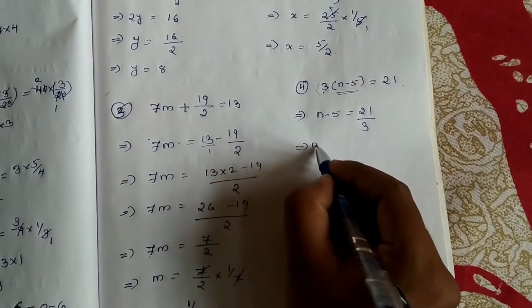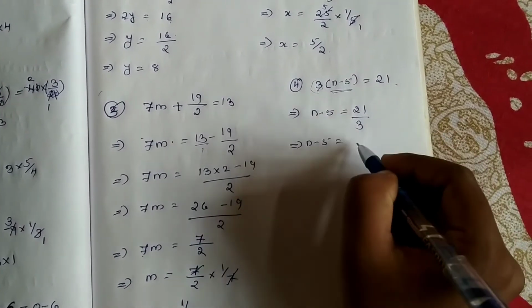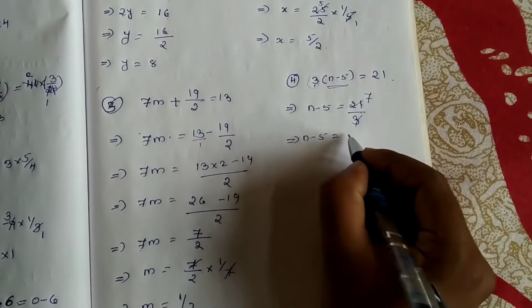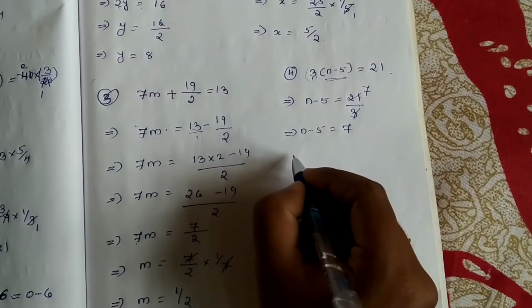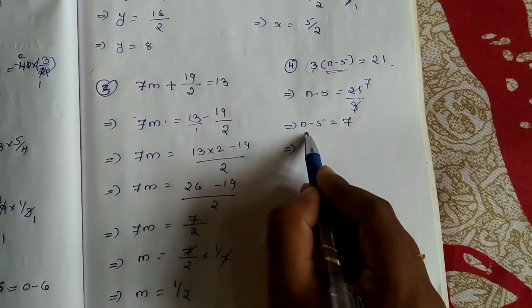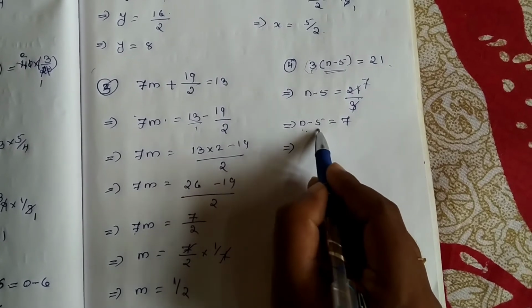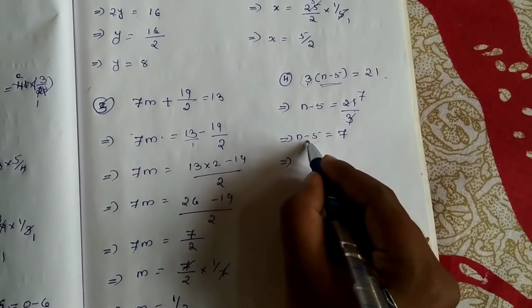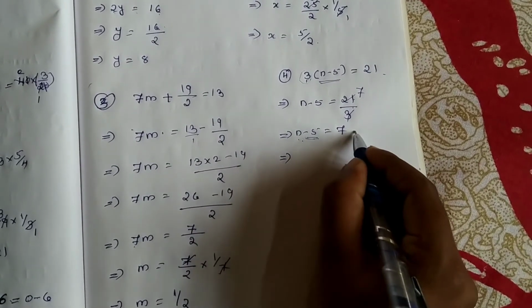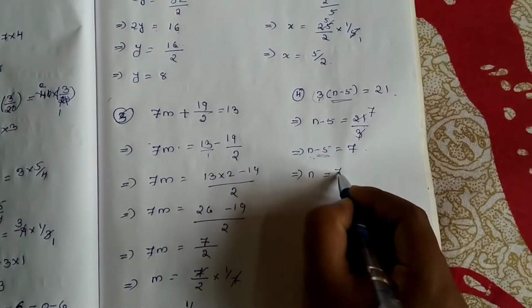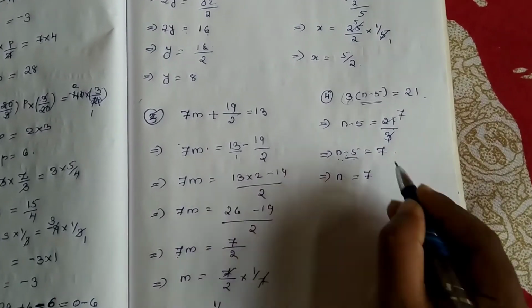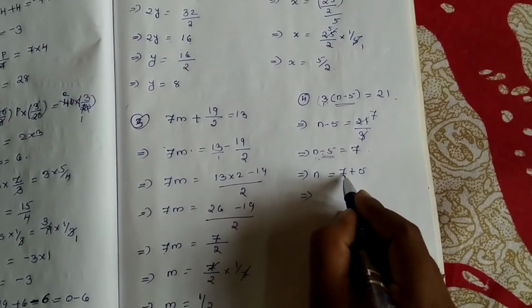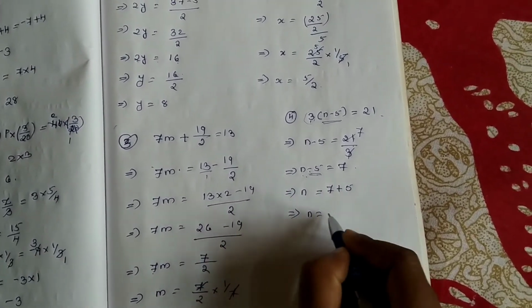That is n minus 5 is equal to, 7 threes are 21, so 7. Next, LHS has two terms, n and minus 5, and here it is 7. So we move minus 5 to the opposite direction. n is equal to 7. It is subtraction, so it comes to addition on the opposite side. So 7 plus 5. n is equal to 12.